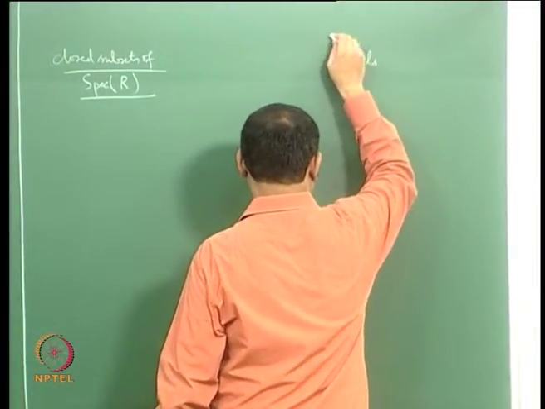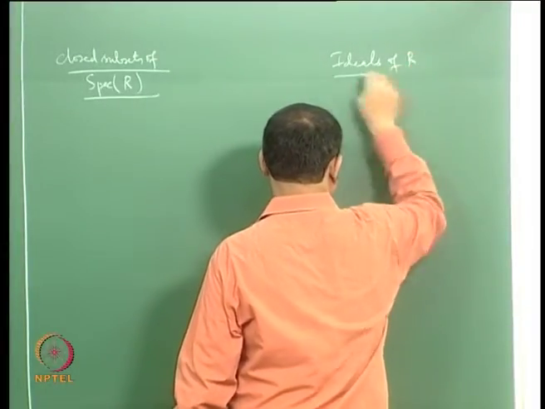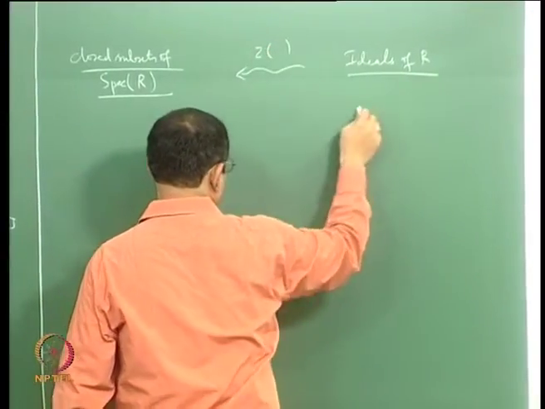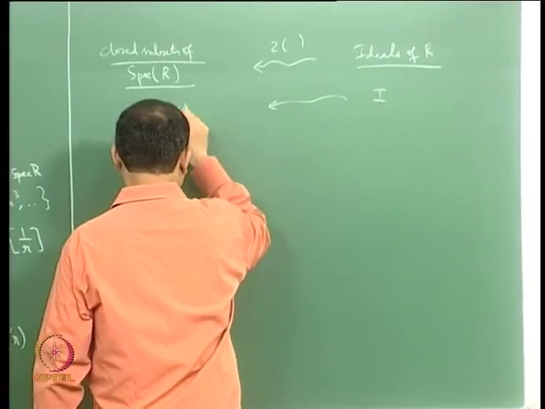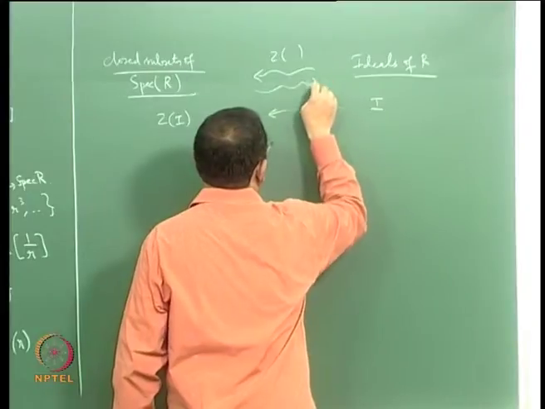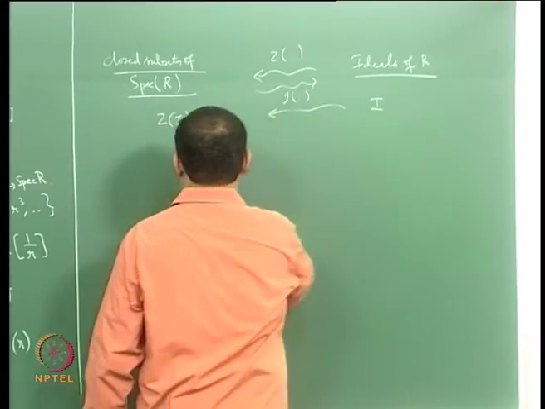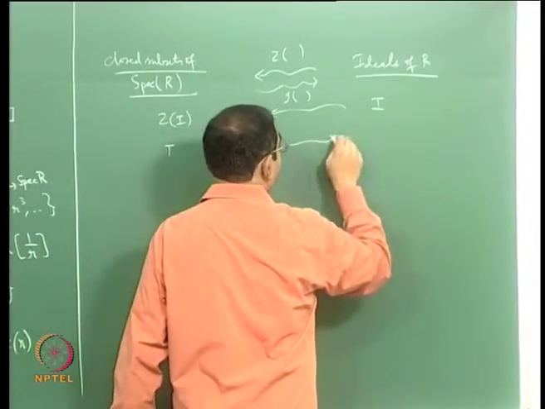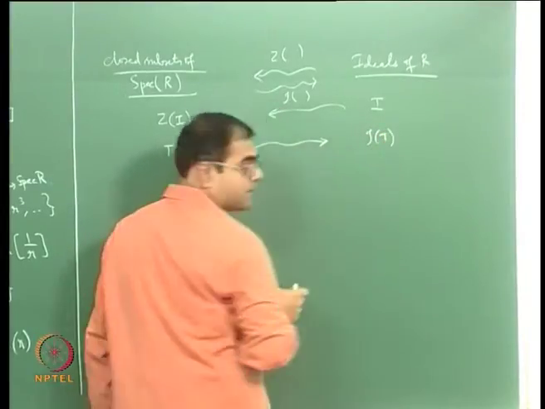So if you want, I can put ideals of R. So again there is a Z map like this which takes any ideal I to Z of I, which is a closed subset in spec R, and then there is a map like this, script I, which takes any subset T to I of T, okay.